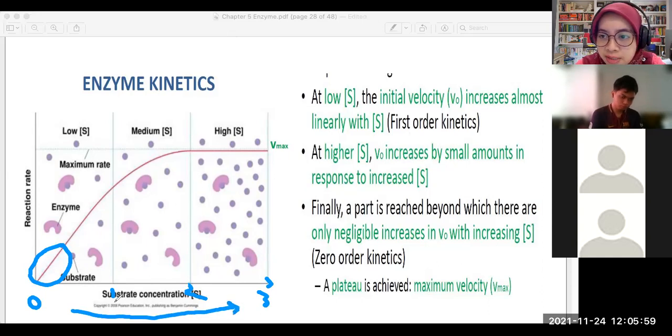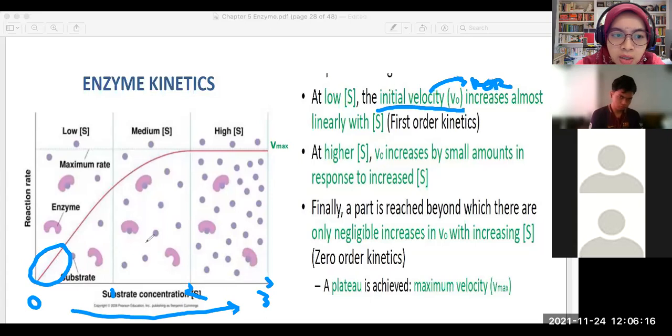Remember, substrate is the initial product. At low concentration, for example from 0 to less than 1, the initial velocity increases almost linearly. The initial velocity refers to the rate of reaction, so at low substrate, the rate of reaction is linear to the substrate concentration.